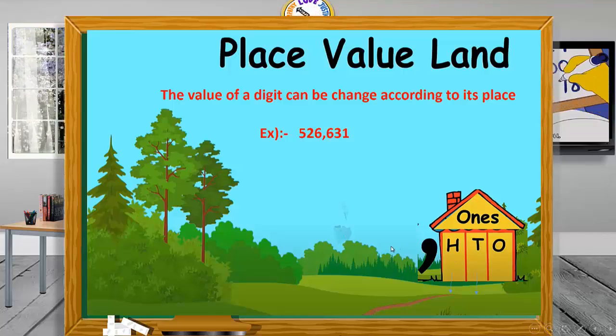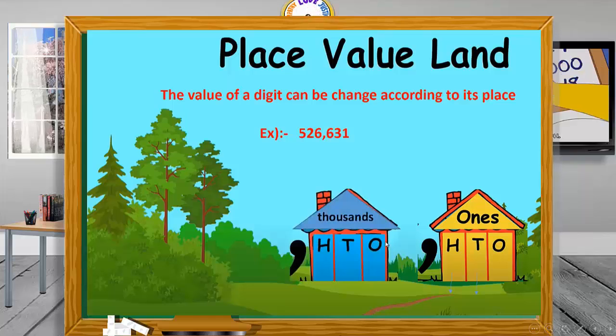If we have another house like this, its name is thousands, not ones. The first house is ones and consists of 3 rooms. The second house is thousands and consists of 3 rooms too: ones, tens, hundreds.